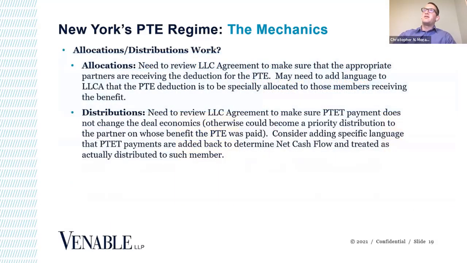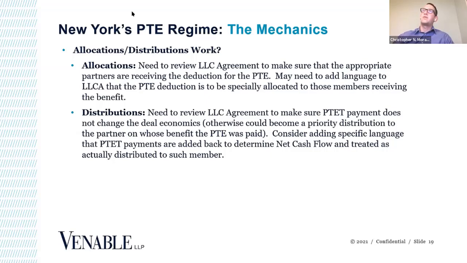So with that, I'm going to go back to Mike to talk a little bit about the partnership agreements and how the allocations and distributions work, and some of the key things to look for to make sure that the PTE payment matches the deal economics.